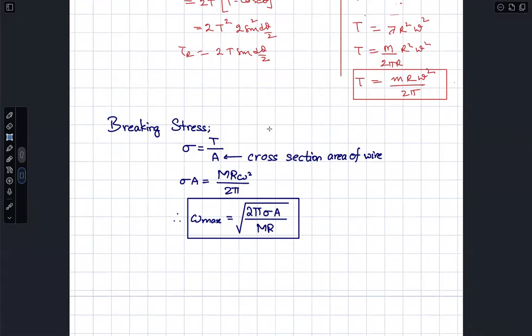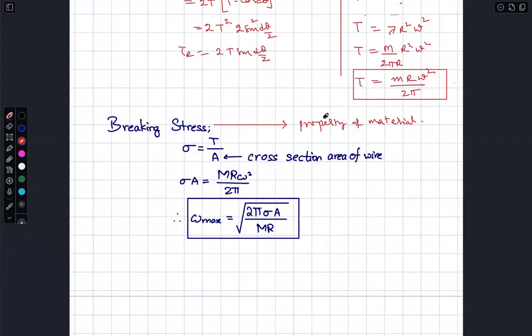There is a stress beyond which if you apply, the wire will break. Breaking stress is equal to tension at that point by cross-sectional area. Remember, breaking stress is a property of material, not on the basis of the dimension. But breaking tension depends on the dimension. So if you are taking two steel wires, thin wire, thick wire, both will have the same breaking stress, but both will not have the same breaking tension.